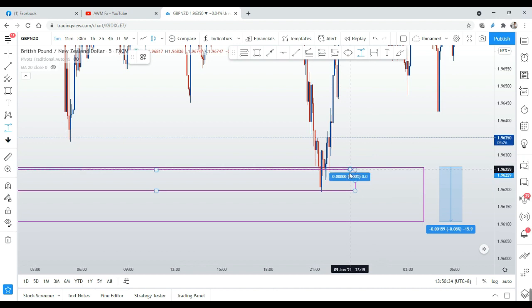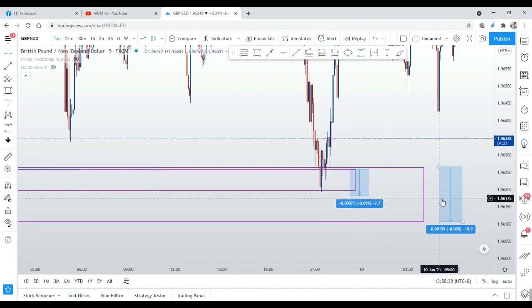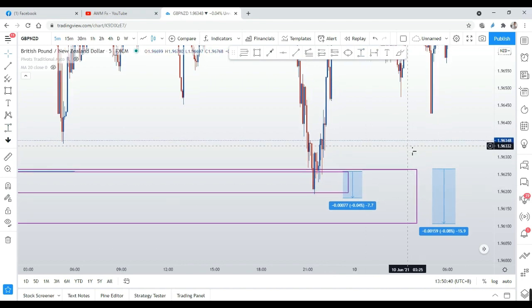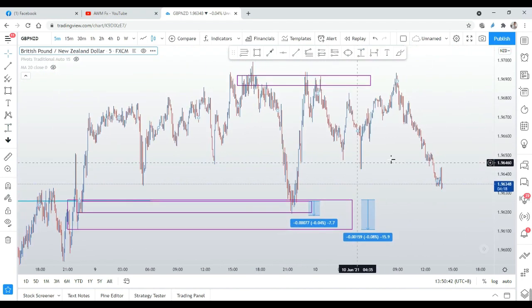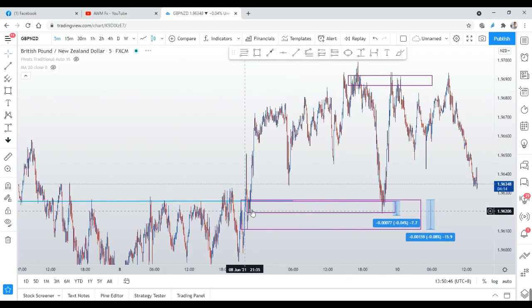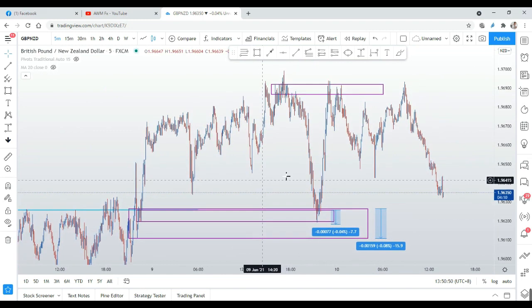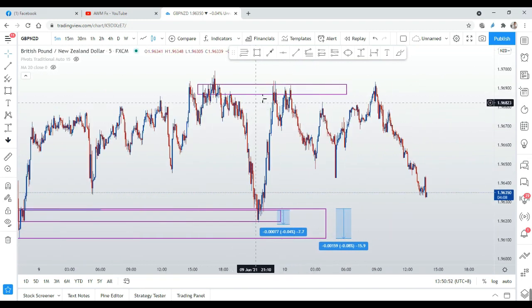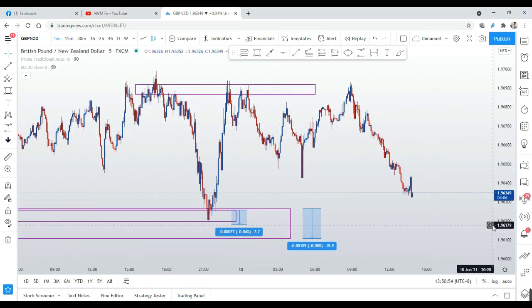You can go for maybe a smaller one, from 15 to 7, maybe half of it. So this will be your take profit. So it's very easy to identify where is your entry, where is your stop loss, and where is your take profit zone, right?